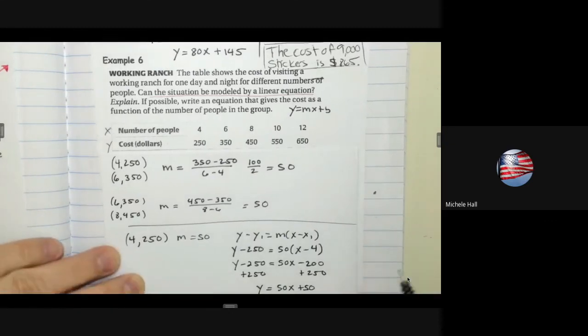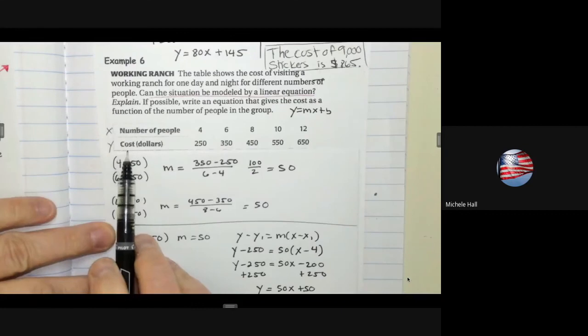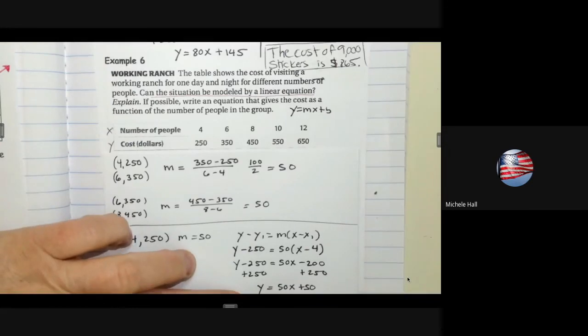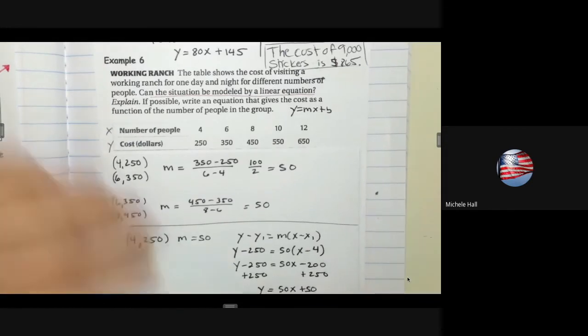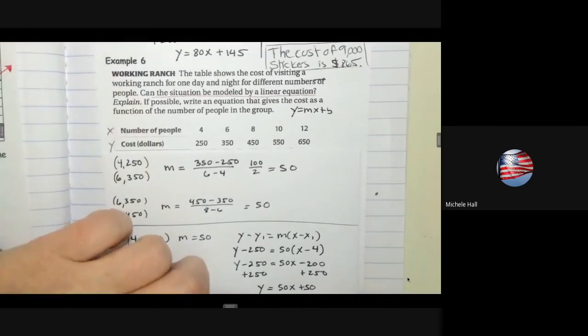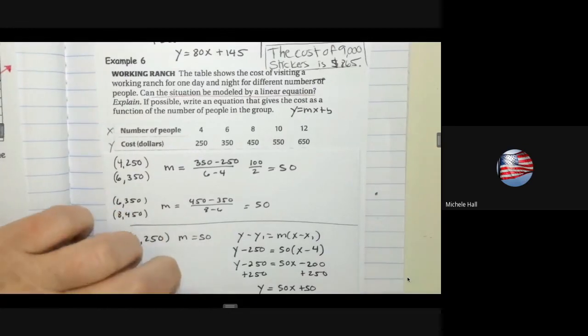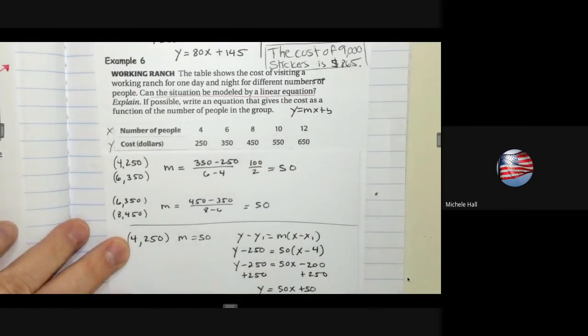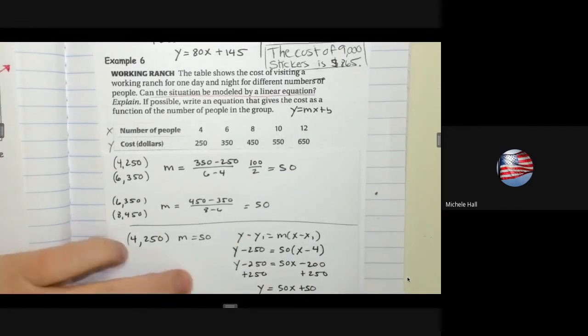So we're going to use the variables in the problem, cost and n for the number of people. So y is about the cost. So we have the cost equals 50 times the number of people, n, plus 50. Here is an equation that gives the cost as a function of the number of people in the group.